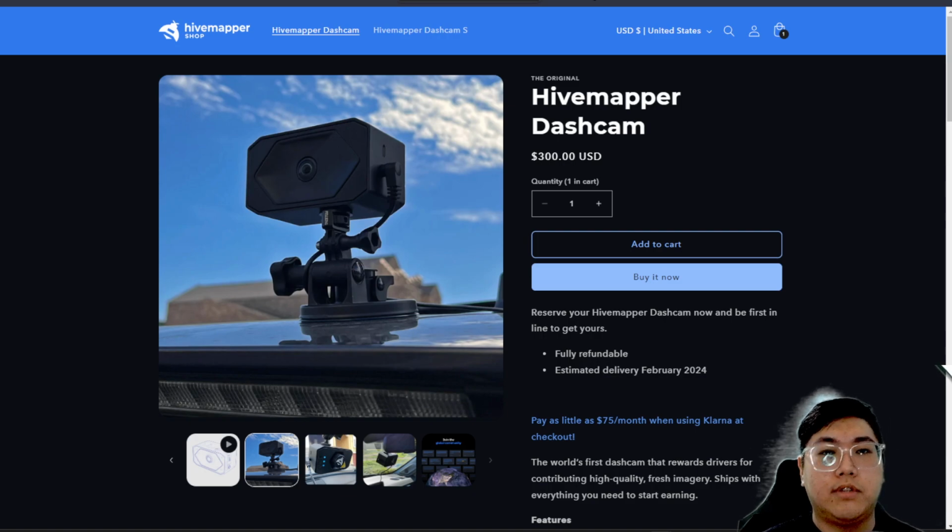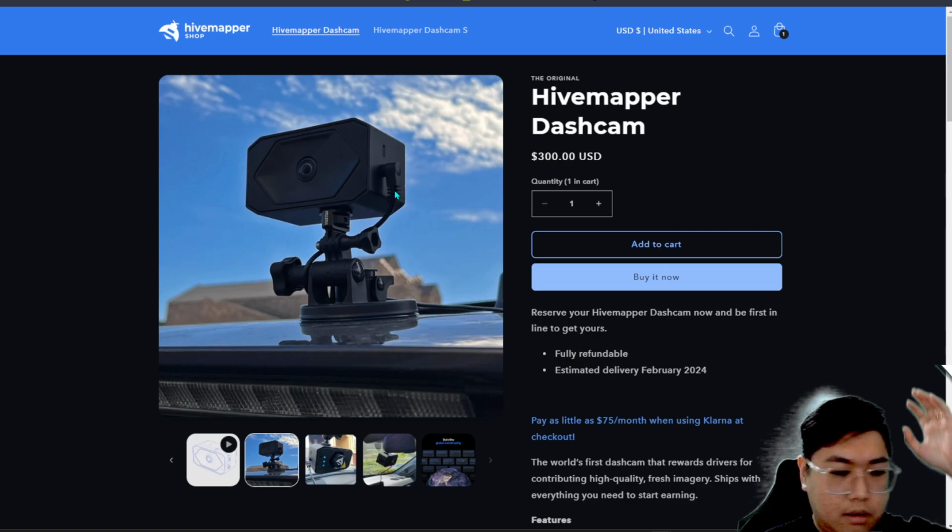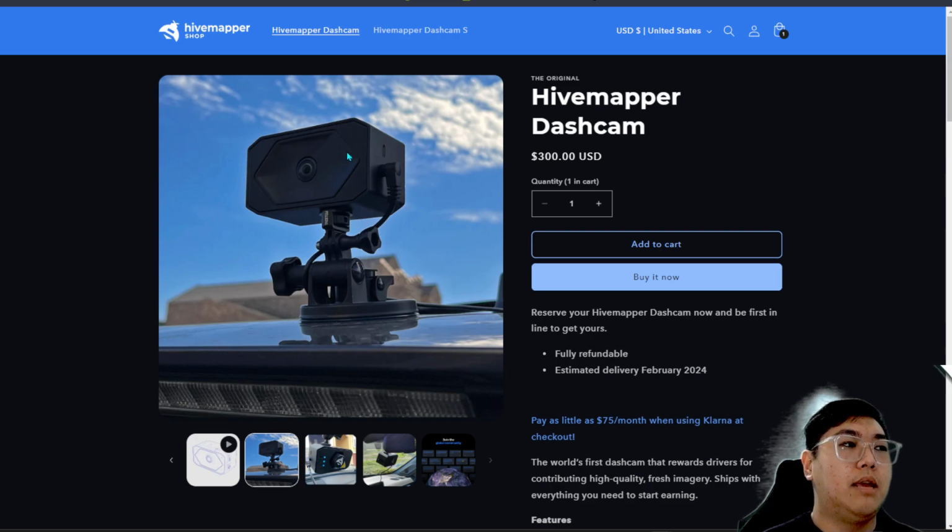And of course, for a motorcycle or a scooter or a bicycle, every single slightest bump will affect the imagery. Therefore, if you want to do it on your bicycle, scooter, or helmet mount or whatsoever, make sure to get a stabilizer to stabilize the capture of this HiveMapper.